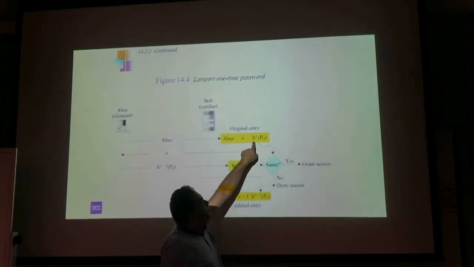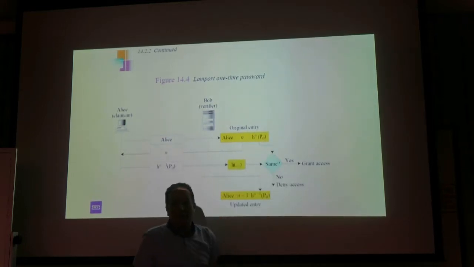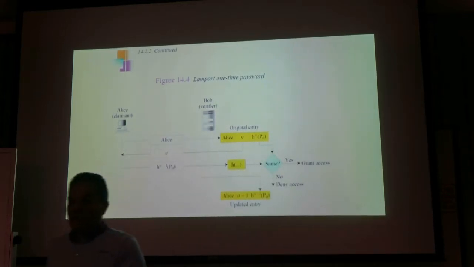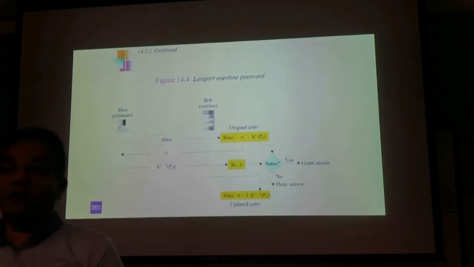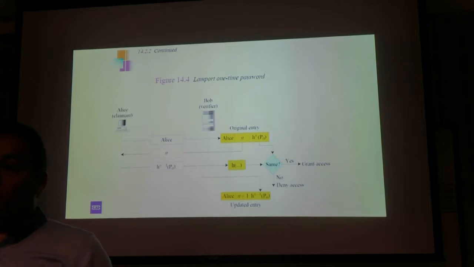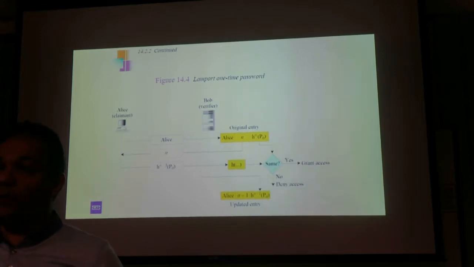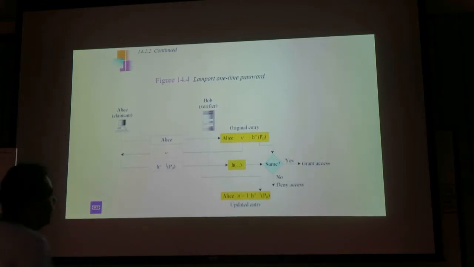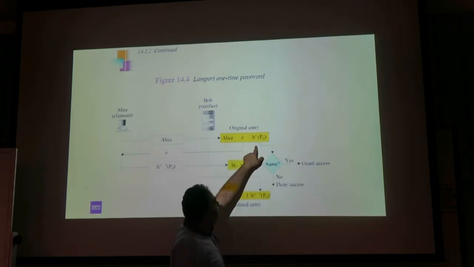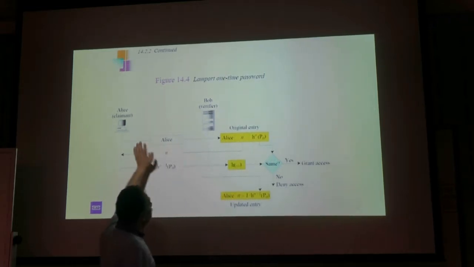So n, and this is the hash nth time of the password. P0 is the first, the nth time. So it's like you agreed that you're going to have 100 times. So you calculate the hash of the hash of the hash of the hash, how many times? N times, 100 times or n times. So let's say this is the first time.